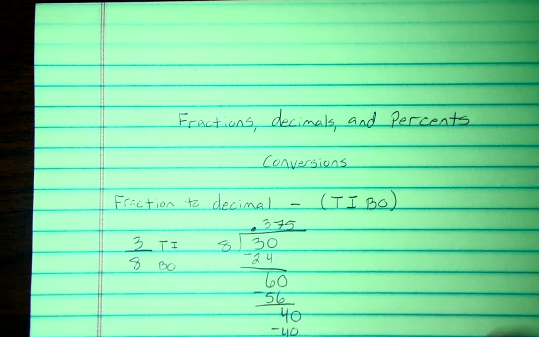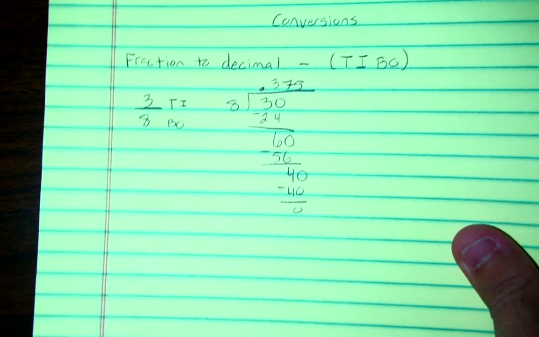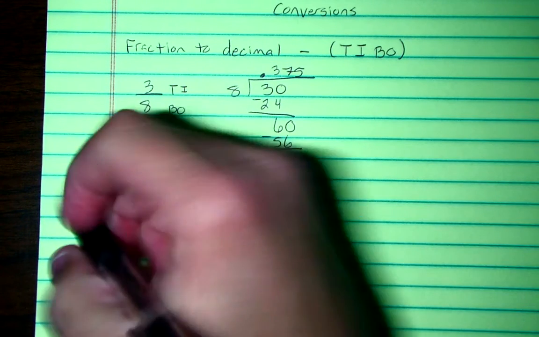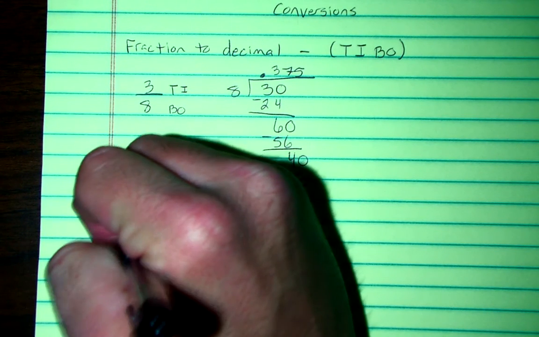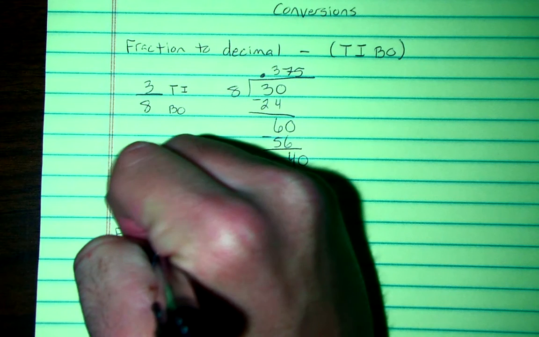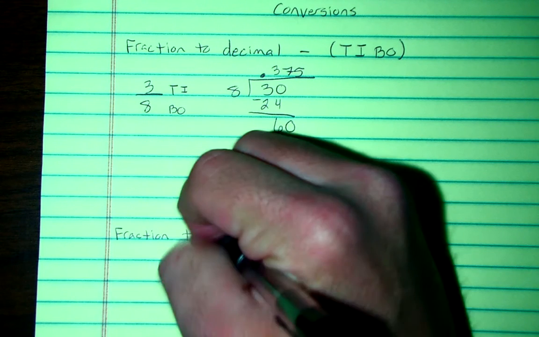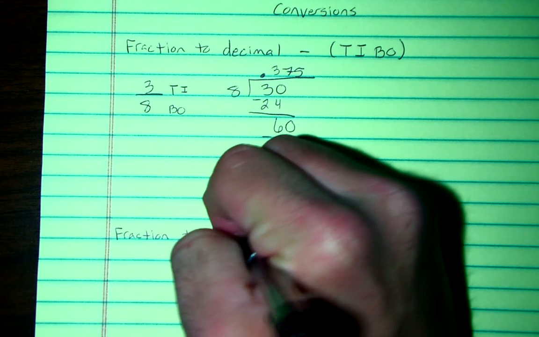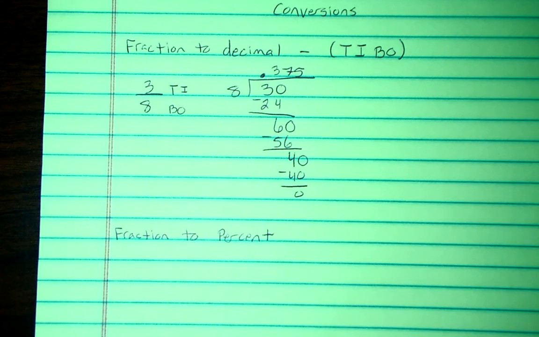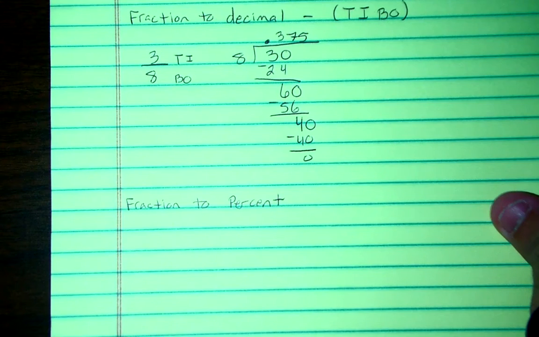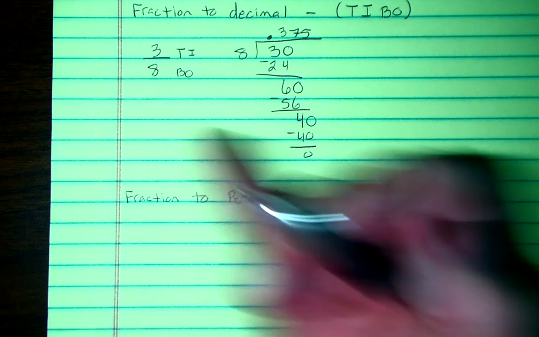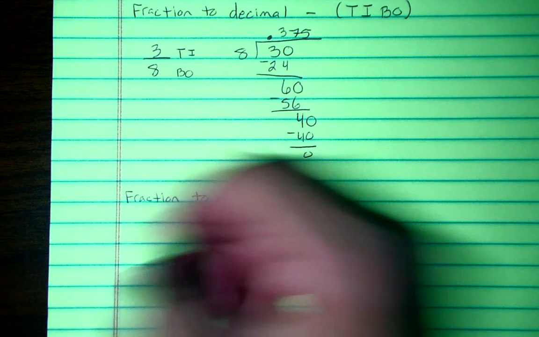Okay. Now, what if it has to go from fraction to percent? There's 2 ways you can do fraction to percent. The first one is, I'm going to go off my 3/8 again.